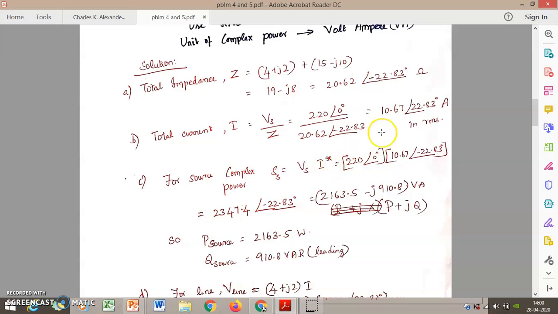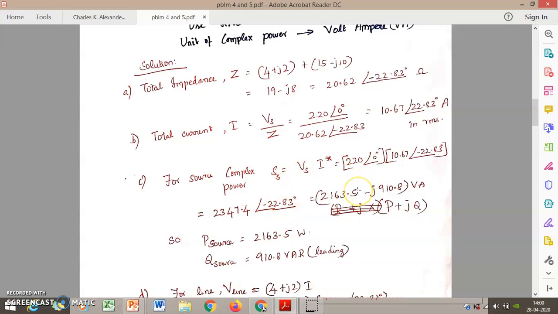What is conjugate? If the answer is like this, I is equal to this one. If we introduce a negative sign for the angle alone, that is conjugate. So see, Vs is taken directly. For I I have taken the minus sign alone. So that is your conjugate. Multiply this, magnitude should be multiplied and angle should be added. So this is your answer.